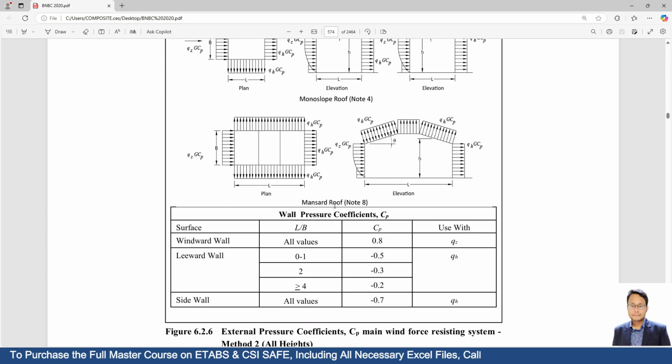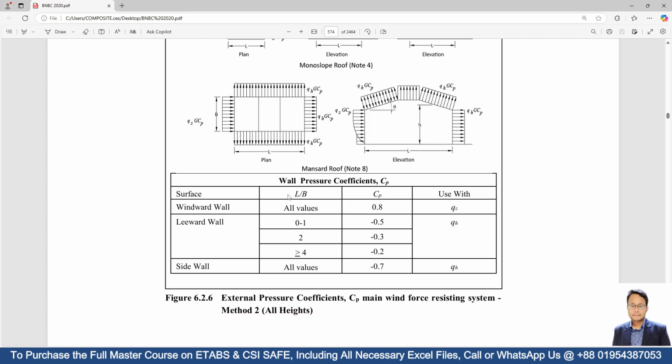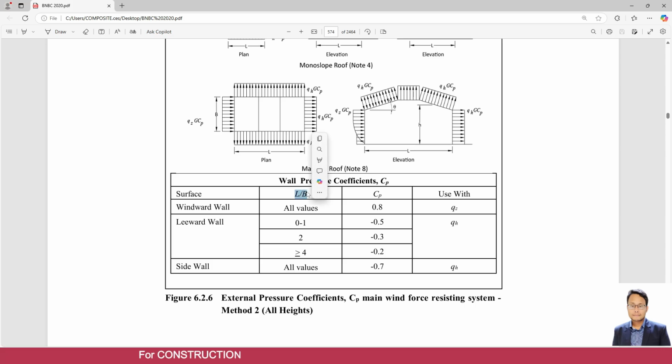Here you can see a chart for wall pressure coefficient Cp, which depends on the L by B ratio of the structure. Now for the windward wall, whatever the value of L and B, the value of Cp is constant, that means 0.8.